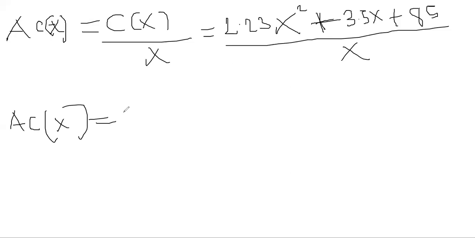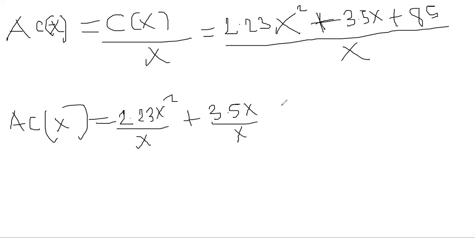So what we can do here is divide every term by the denominator, which is x, and x here represents the quantity of coffee makers produced. 2.23x squared, plus 3.5x, plus 85, each divided by x.